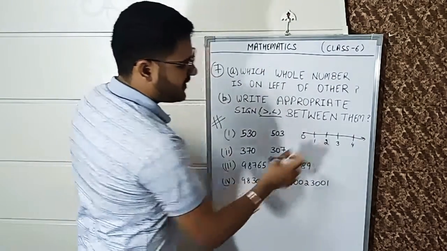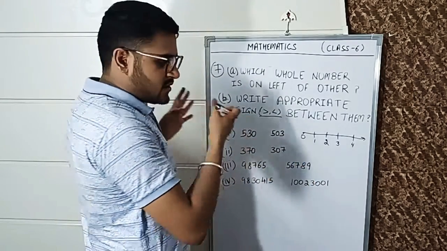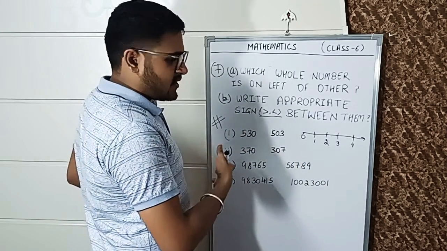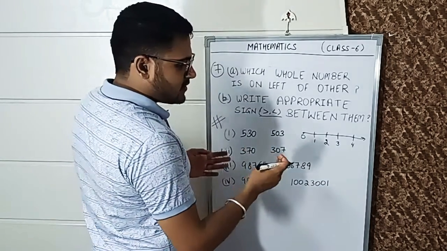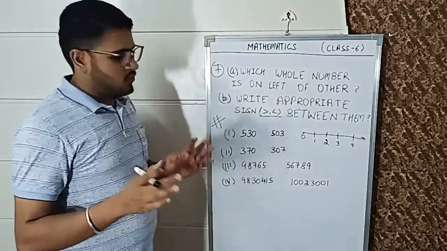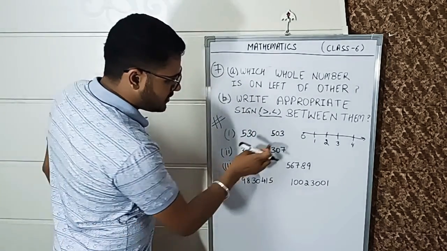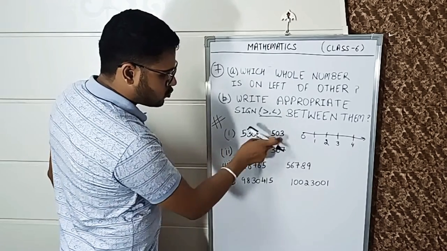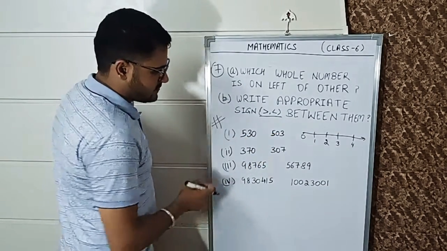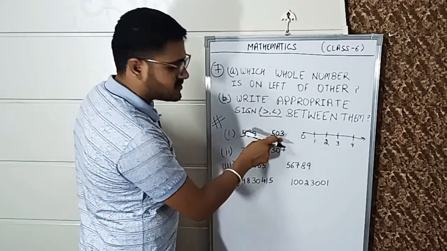From this number line we have already discussed that all the numbers to the left on the number line are smaller, and the numbers on the right are larger. So in these examples, first we will find out which of the two numbers is the smaller one. The first number is 530, and the second is 503.